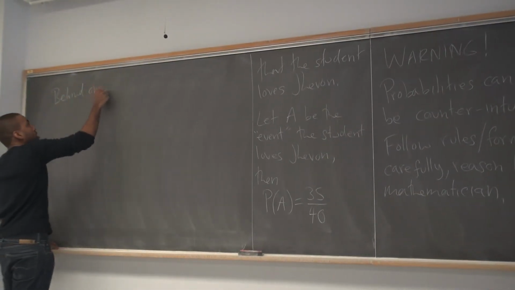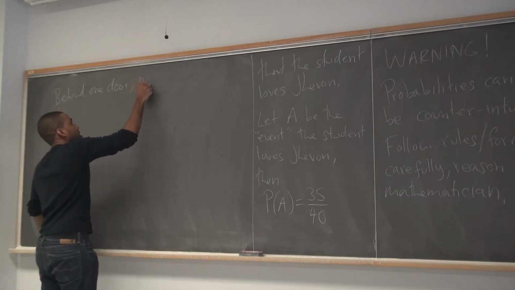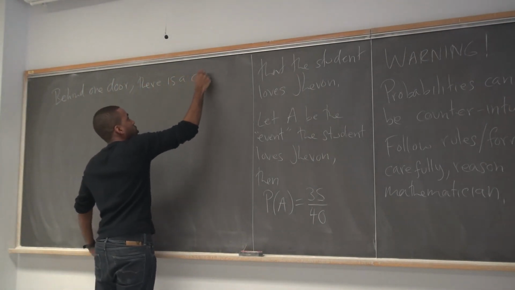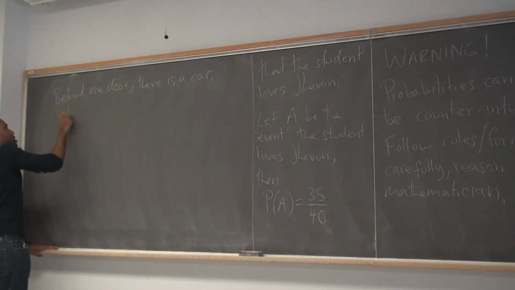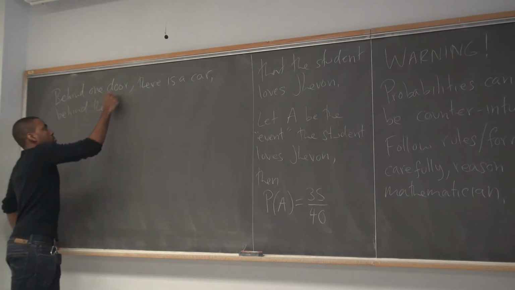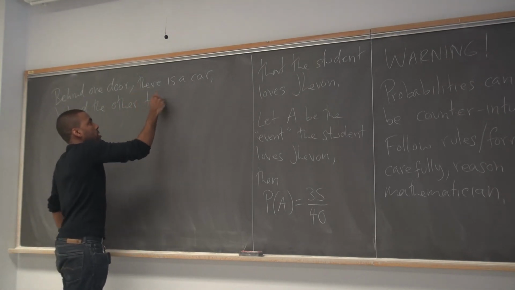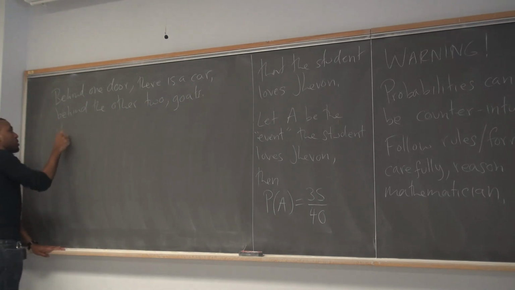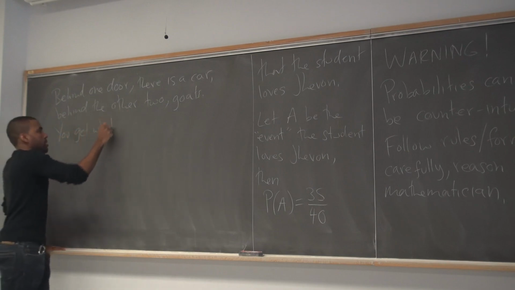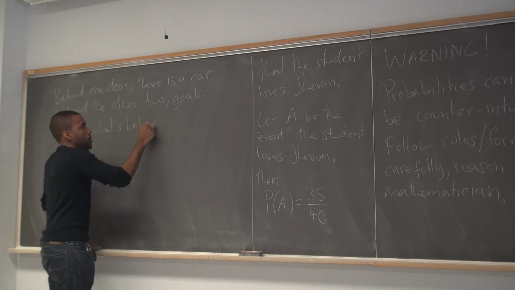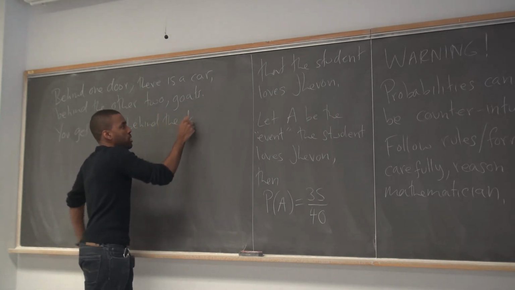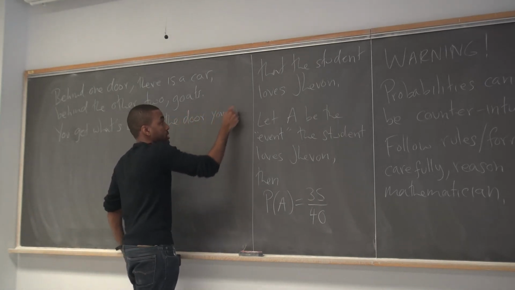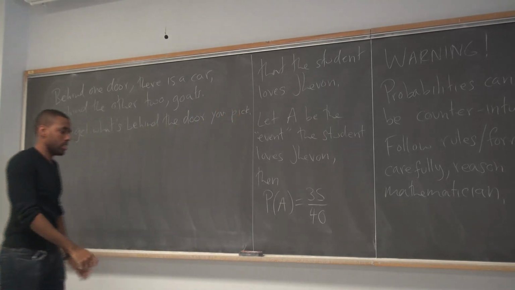So behind one door, there's a car. Behind the other 2, goats. So you will get whatever is behind the door you pick. So that's the idea. Now here's the question.